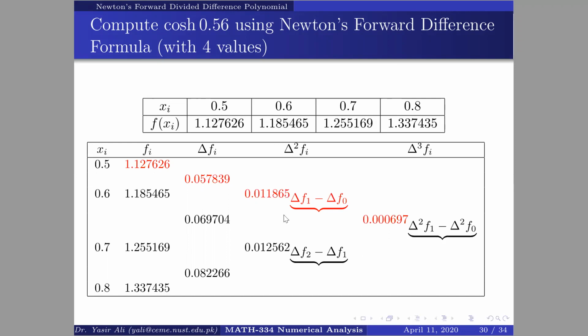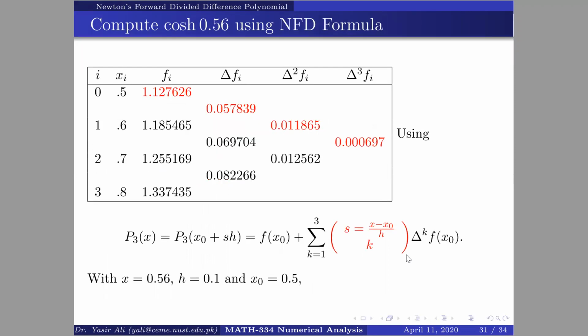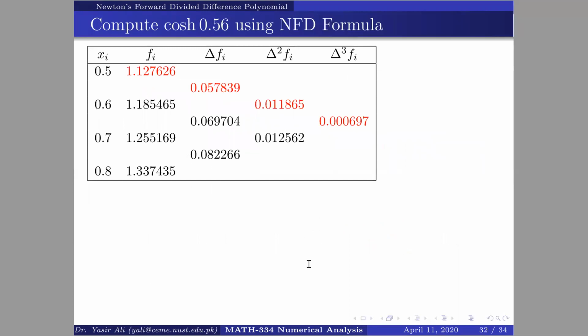In this way the table will be calculated, and you can see that here we are just taking the difference of the values. So if we have the table, we have the formula for it. We can just find s and insert the values in the table.